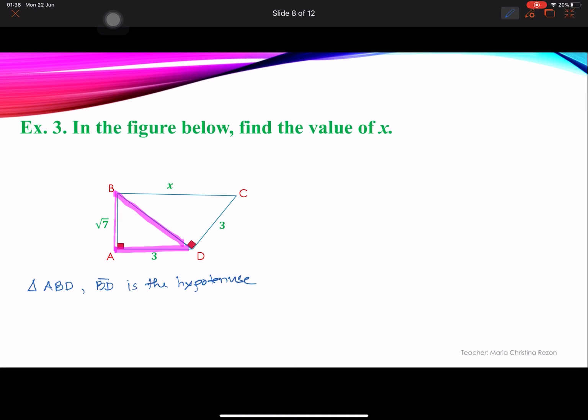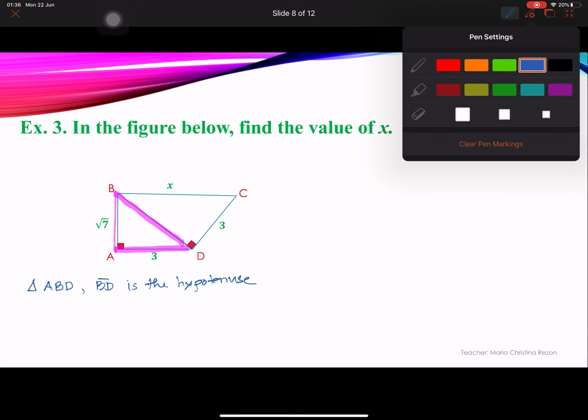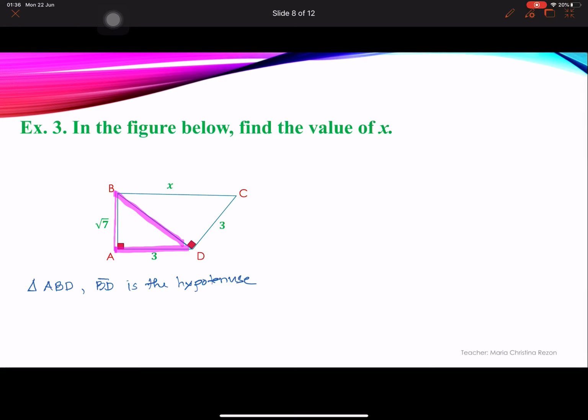If it's the hypotenuse, therefore you can say that BD squared is equal to AB squared plus AD squared. So we'll just simplify that.